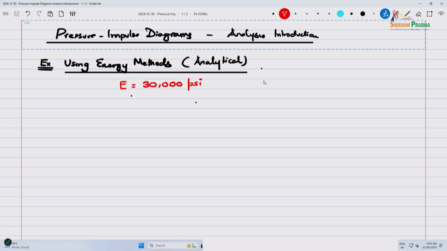And so let's consider steel as a material here. The unit weight of steel is 500 pounds per cubic foot. Now for rho, we have to consider, and this is the thing I'd like to point out, the mass density.